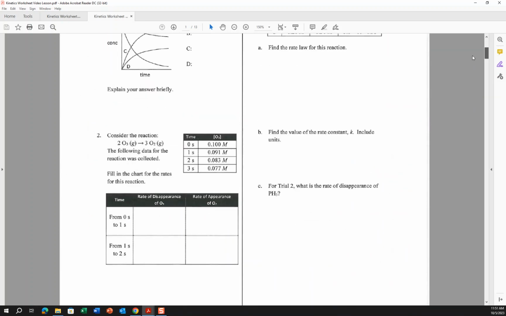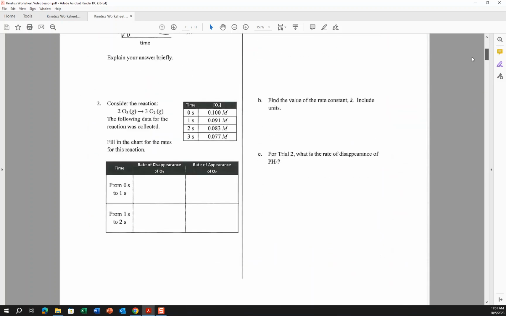All right, so in this problem, we have this reaction, and we are given this data. So the concentration of ozone, O3, changes over time, and it just gives us the first 3 seconds of the reaction. And this is how the O3 is decreasing with time.